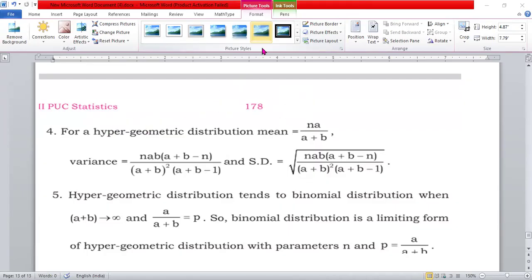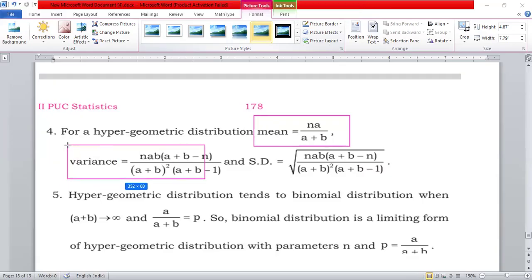For hypergeometric distribution, the mean formula is NA divided by A plus B. Remember, many people are writing NAB. No, NA divided by A plus B. And what is the variance formula? Big one.